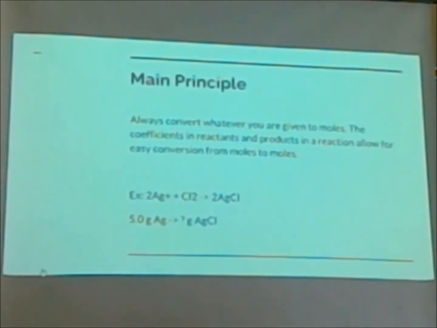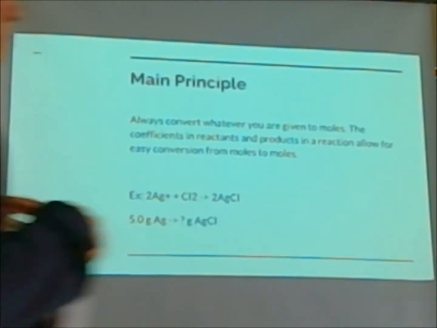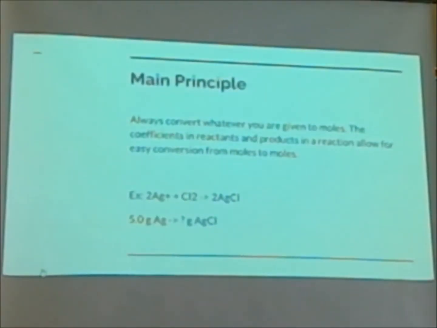So basically, you take the molar mass of silver and the molar mass of chlorine and add them together, and you get the molar mass of silver chloride. I forgot to emphasize that 1 mole of any compound is the molar mass of that compound.